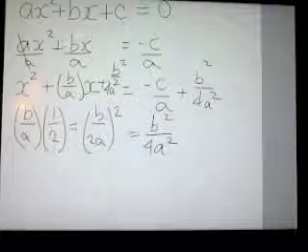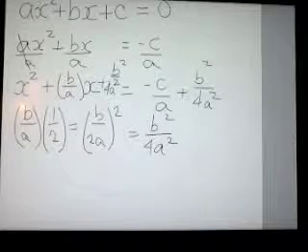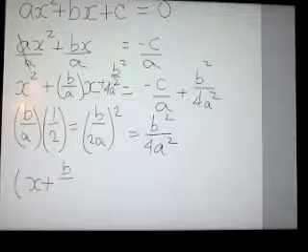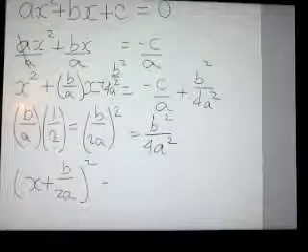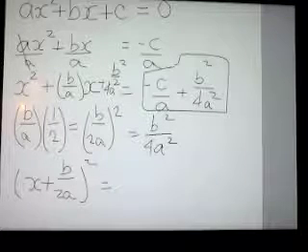Okay. Now, we can go ahead and factor the left-hand side. And remember, it's this term right here before it's squared that goes inside. So it's written as (x plus b over 2a) squared equals, and then we're going to write these with a common denominator. The common denominator here is 4a squared.